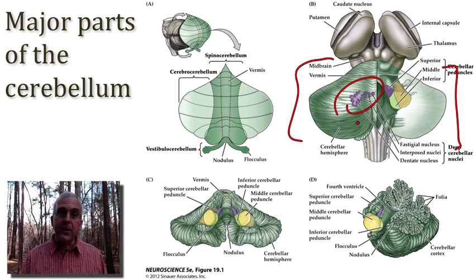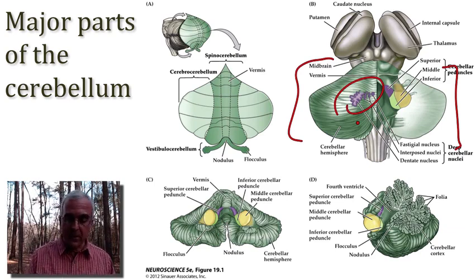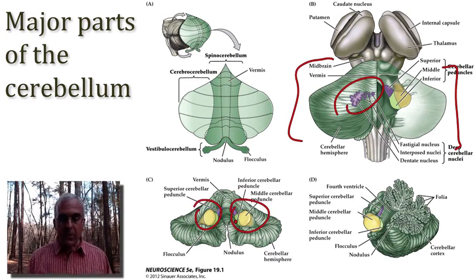While the cerebellum is connected to the brainstem via three large stalks of white matter, and we call these peduncles, the cerebellar peduncles. So the cerebellar peduncles are the third major component of the cerebellum that we want to orient ourselves to. And there are actually three peduncles that come together near the central lateral region of the cerebellum.